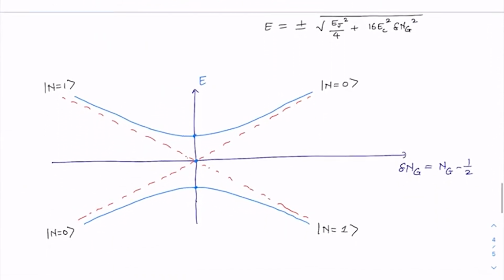So it should remind you of the two-level system that we discussed in module 1. You see, when the perturbation is not there, these two energy levels cross each other at this point, and that is called the degeneracy point, Nz is equal to half, that is delta Nz is equal to 0. This is the degeneracy point.